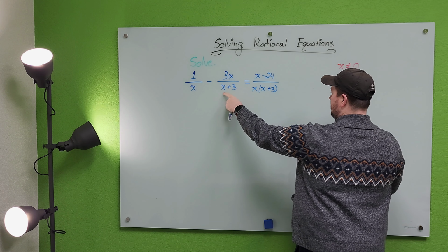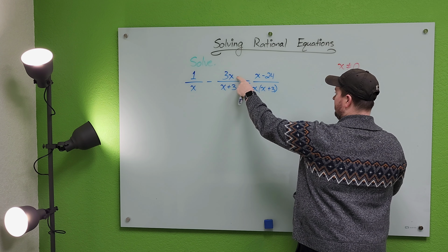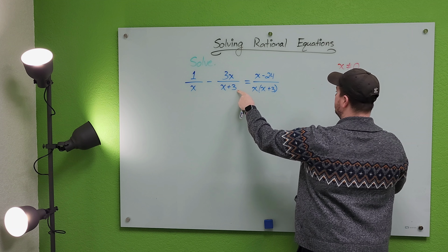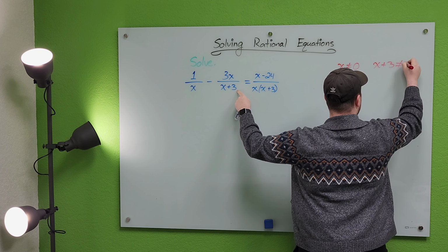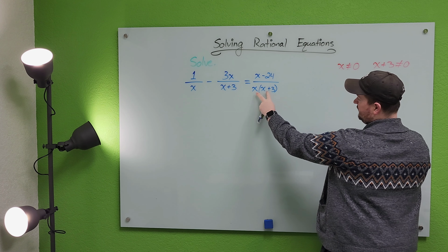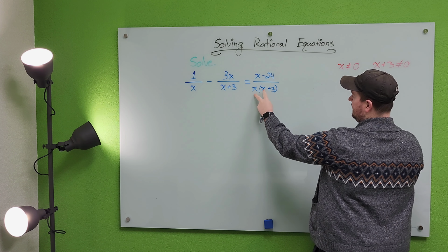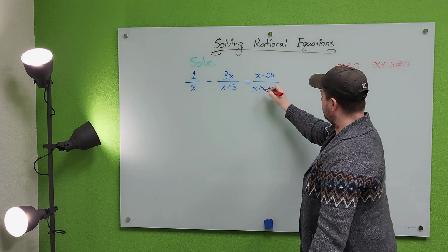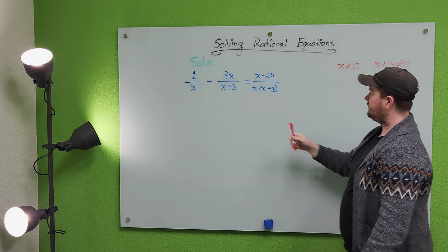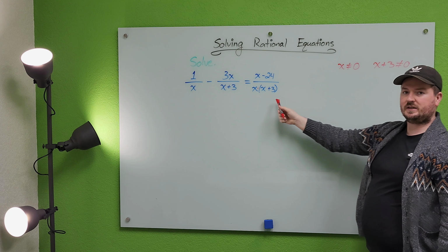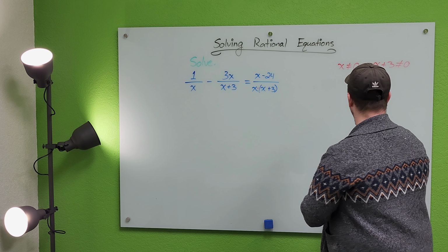Here we have x plus 3. We're dividing 3x by x plus 3. So x plus 3 is not allowed to be 0. And here, if you notice, we have two factors in this denominator because there are two things that are being multiplied. Each of these factors we already have, so we don't need to do anything with this denominator.